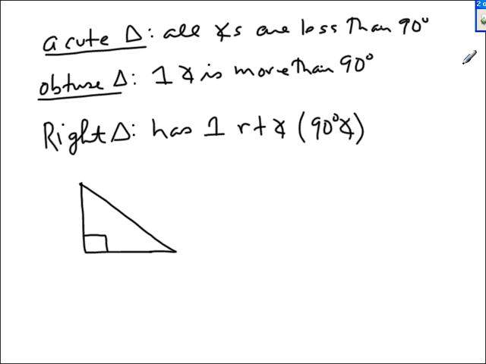Alright, so we'll do some proofs at this point. They'll all be pretty much elementary. Suppose you have the following triangle, or following diagram.